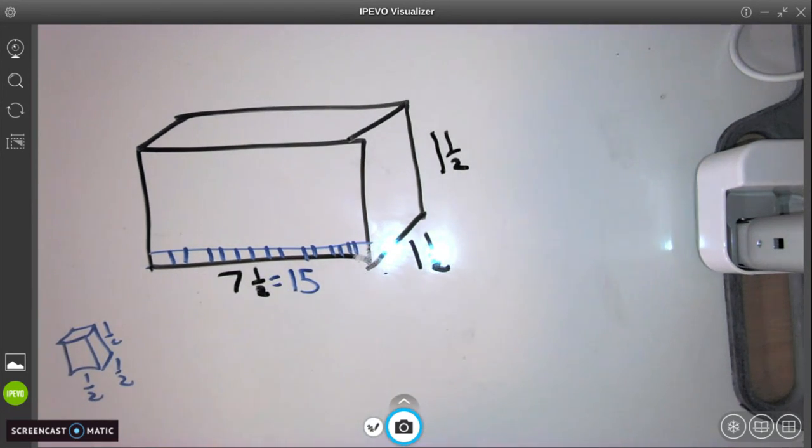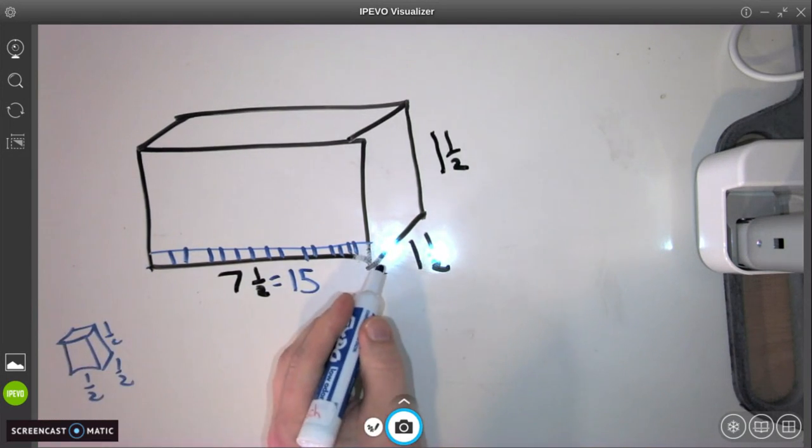You can do 7.5 divided by a half, or just figure out that in 7 inches, there's going to be 14 halves, and then there's another half added onto it. So 15 of these half-inch cubes can fit along the length.